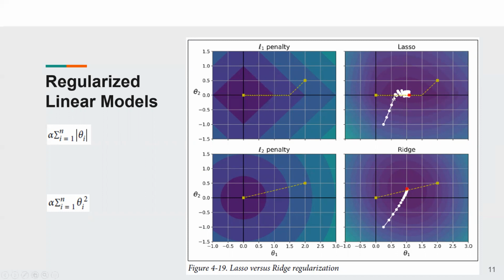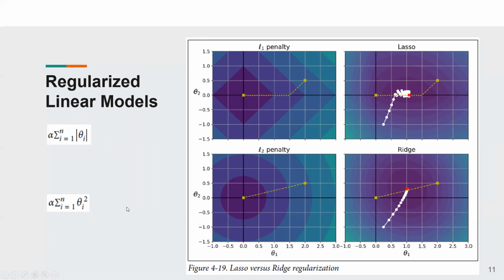It drives theta 2 to 0 quickly, and then it squiggles trying to figure out where the optimal solution is. In this case, this red dot is really the optimal solution, minimizing the overall cost of the regularized term plus the MSE.